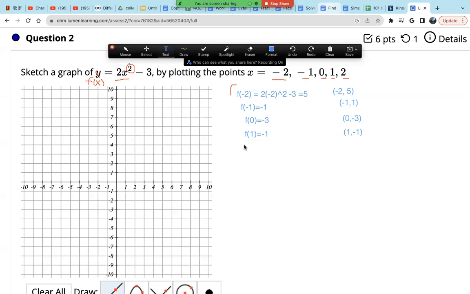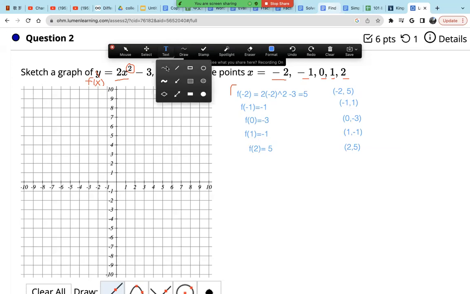And similarly, f of 2 has the same value as f of -2, which is 5, because x is being squared and we only have an x squared term. We call this kind of function an even function. You're going to learn about it later, not in this class, but in the next class.